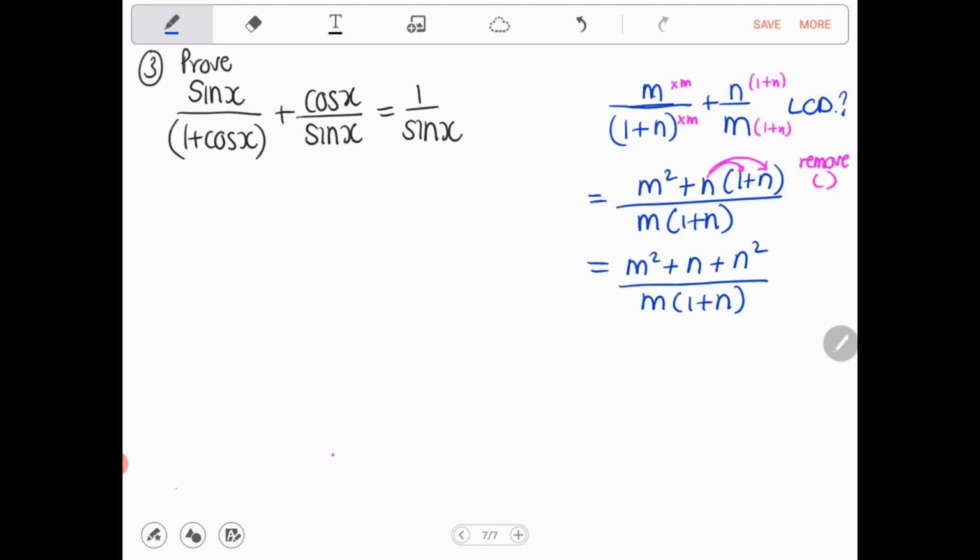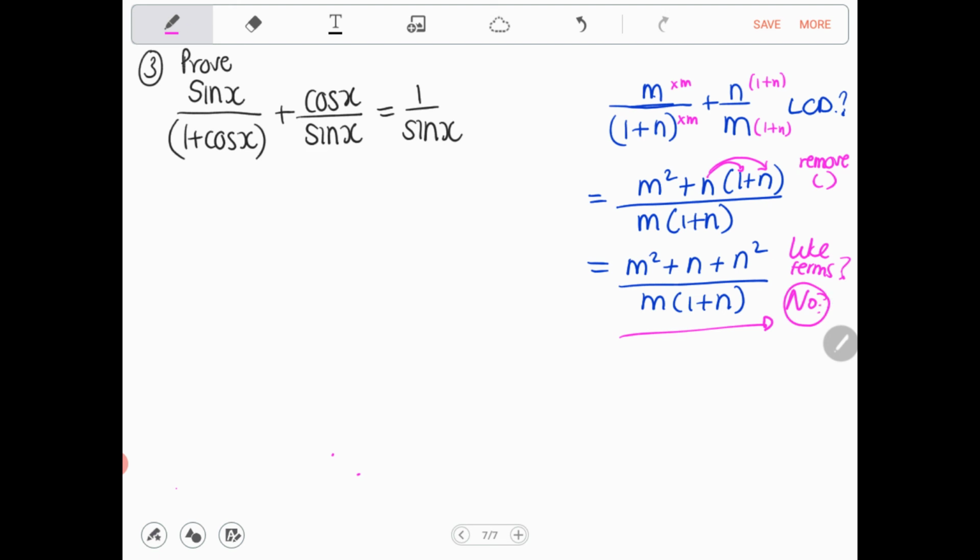And then we would look for like terms. And in this case, there aren't any, so this would be the answer to this side here. All right, so lowest common denominator, remove brackets and look for like terms.